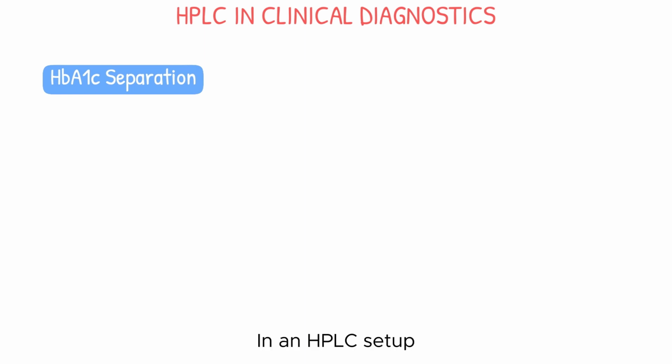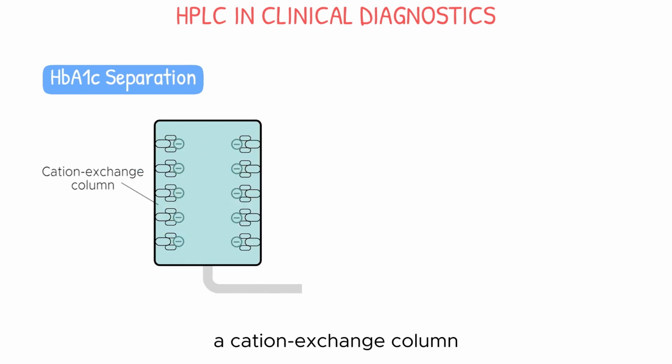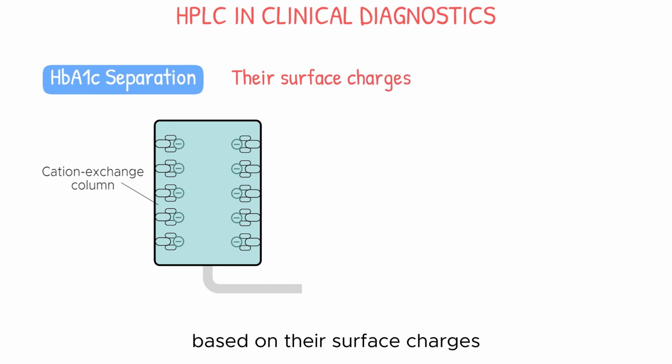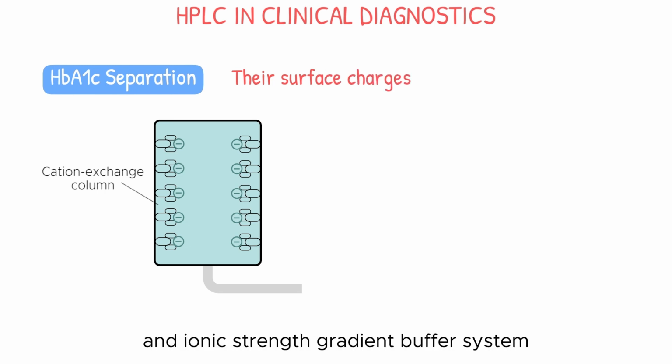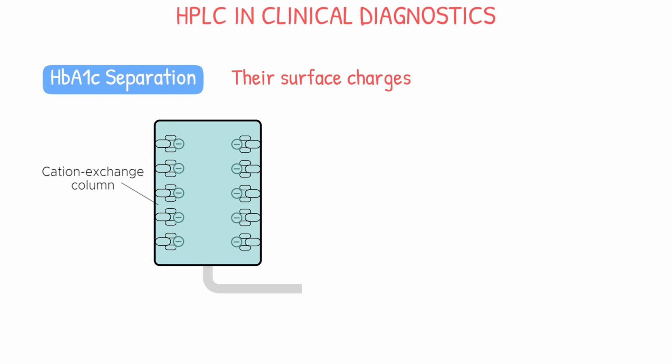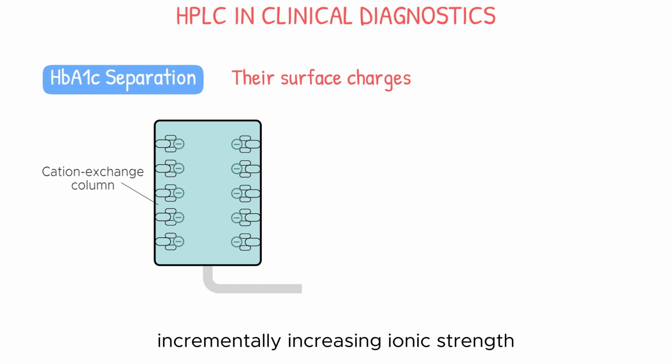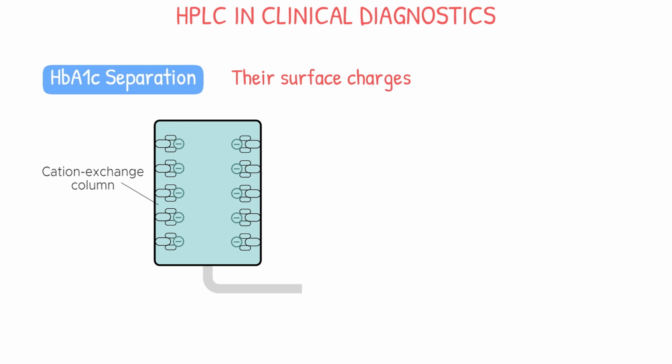Next is HbA1c separation. In an HPLC setup, a cation exchange column, usually used as the stationary phase, differentiates hemoglobin fractions based on their surface charges. The mobile phase typically uses a pH and ionic strength gradient buffer system to control hemoglobin fraction elution, incrementally increasing ionic strength for optimal separation.